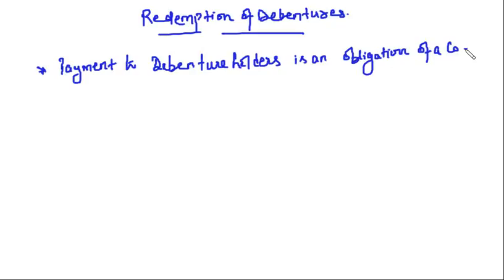Now, what does this mean? Payment to debenture holders is an obligation of the company. It means that you have to make payment to the debenture holders whether you are earning profits or not.